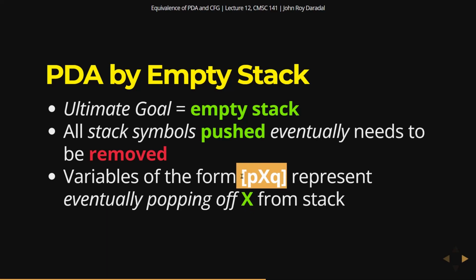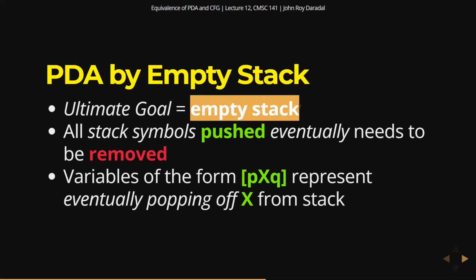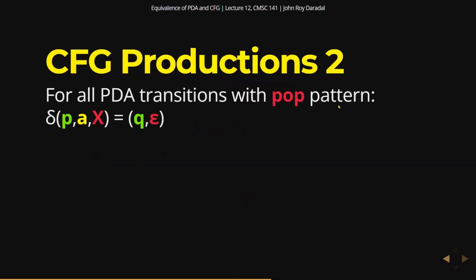So that's why this is a helpful form, because this variable represents popping off the stack symbol X from the stack, and that's what we want, right? We want to remove stack symbols so that we eventually can have the empty stack that we want for the PDA to accept it.